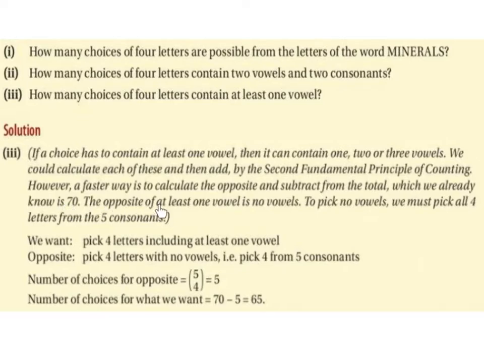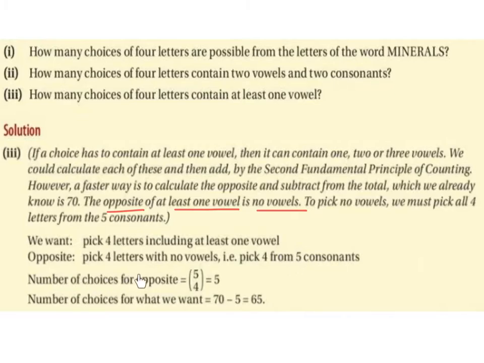The opposite of at least one vowel is no vowel. To pick no vowels, we must pick all 4 letters from the 5 consonants. So what do we want? We want to pick 4 letters including at least one vowel, and the opposite of that is that we pick 4 letters with no vowels, that is, pick 4 from the 5 consonants.